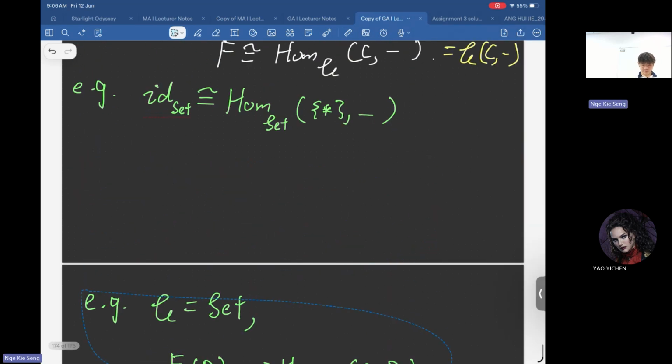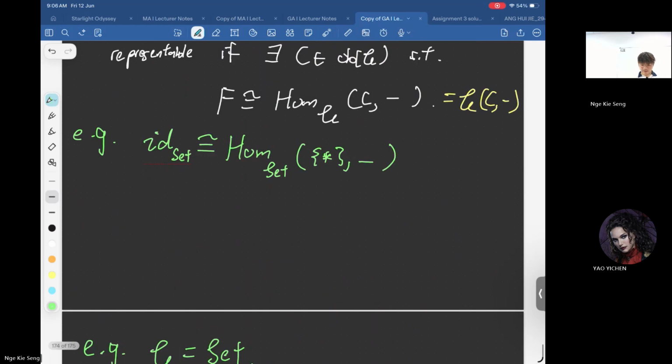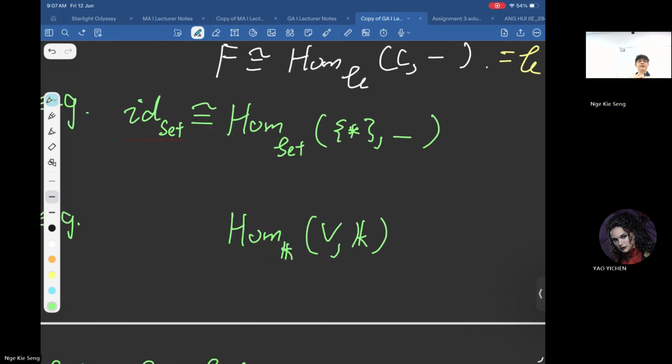Maybe from your linear algebra, you should have seen Hom of, let's say, a field, Hom of V. You can imagine this as a functor as well, because you can input any vector space and it gives you a dual space.